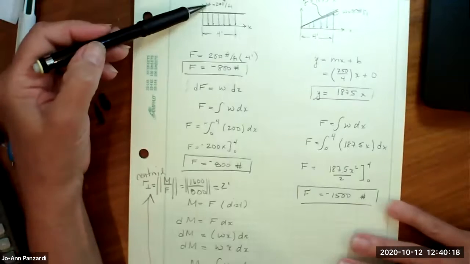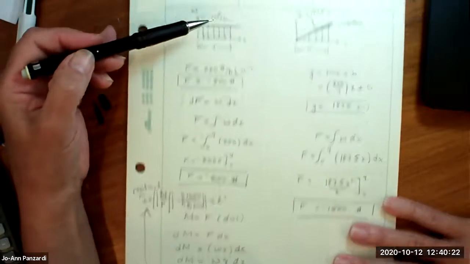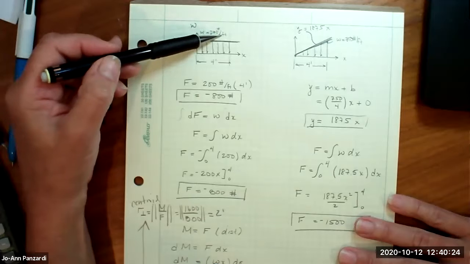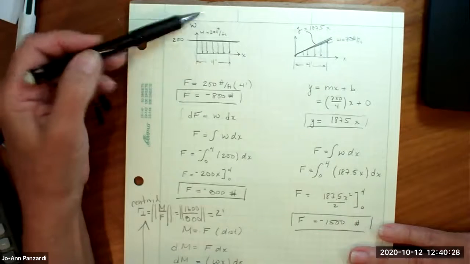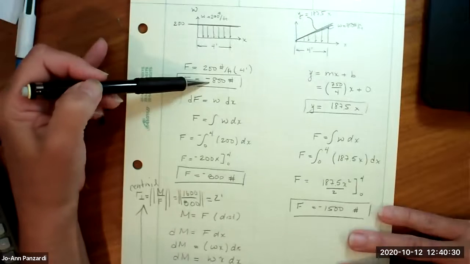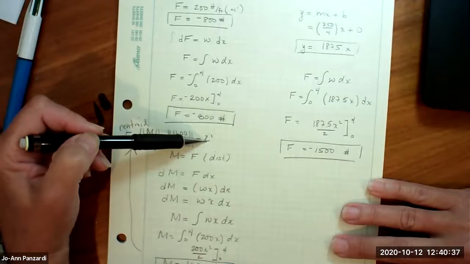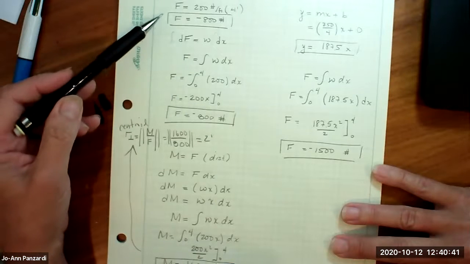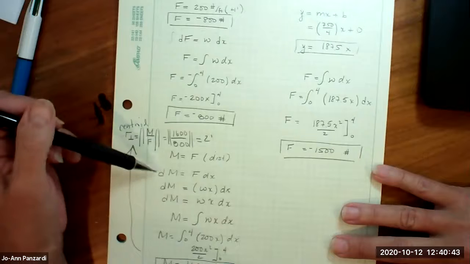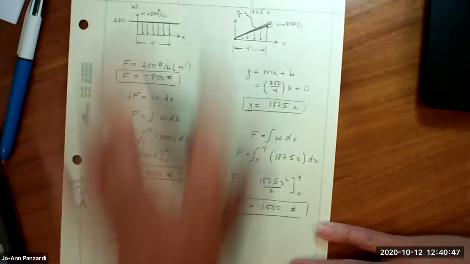So for a 200-pound per foot distributed load spread over 4 feet, the equivalent force is 800 pounds going down, and the distance, or the centroid to that point, is 2 feet. I determined it by figuring out the force via integration, and then determining the moment via integration. So going back to this problem, same kind of thing.